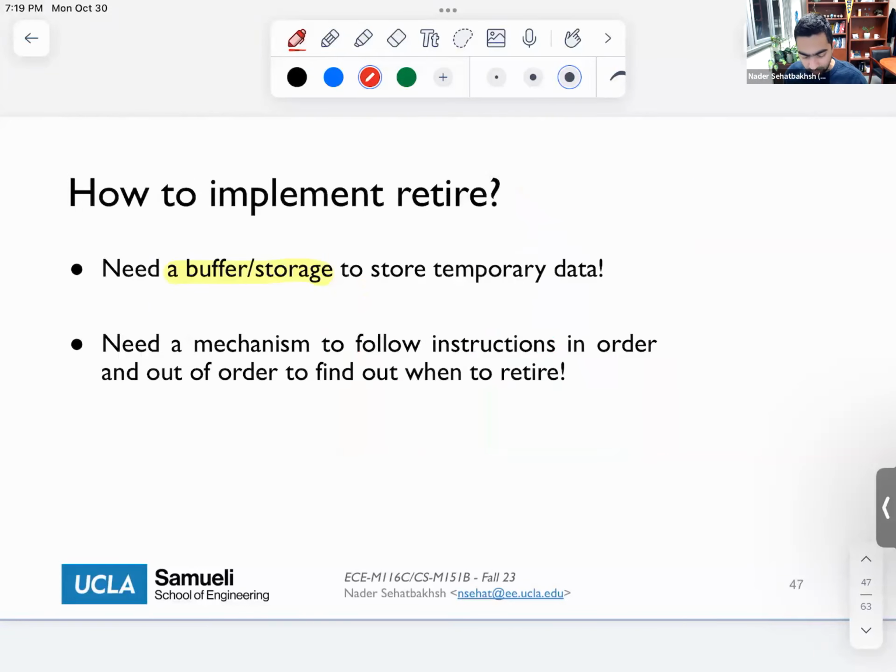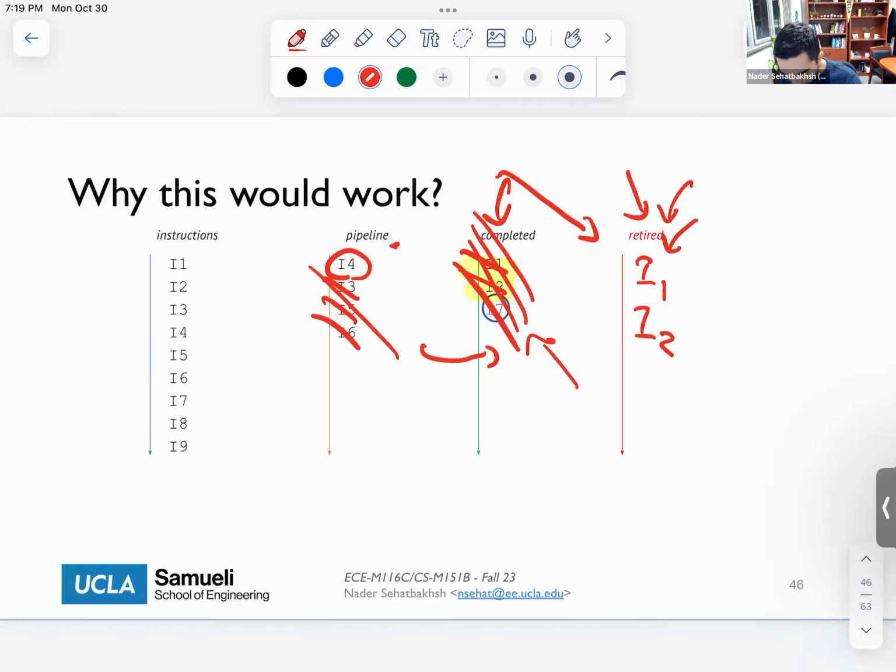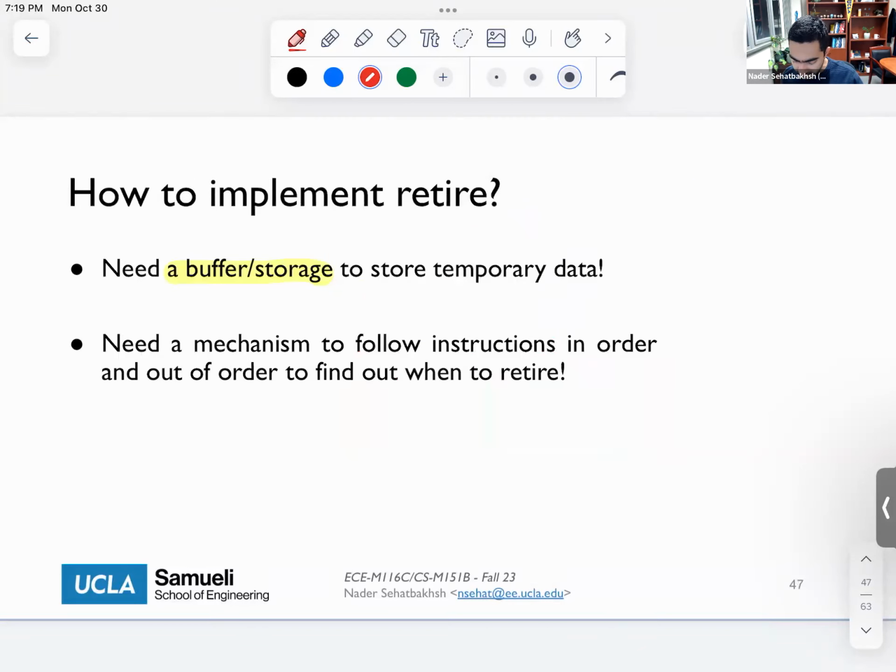So we need to add this buffer storage, and we also, of course, need a mechanism to follow what is the last instruction that has been retired. I need a mechanism to know whether I'm allowed to retire I7 or not. So I need to keep track of the last thing that has been retired, so that I can know whether I7 is allowed to be retired or not. Okay, so I need these two things.